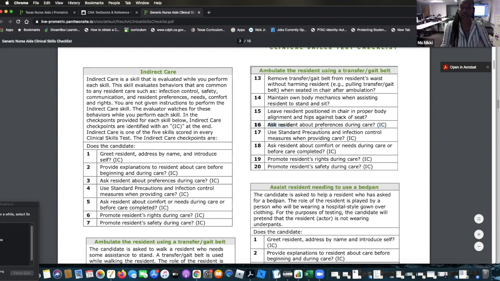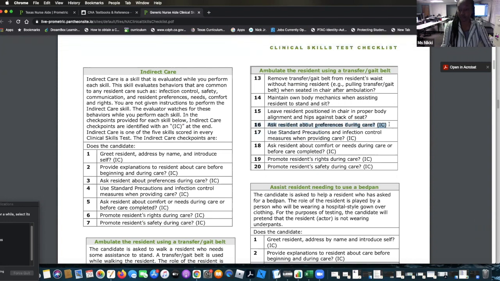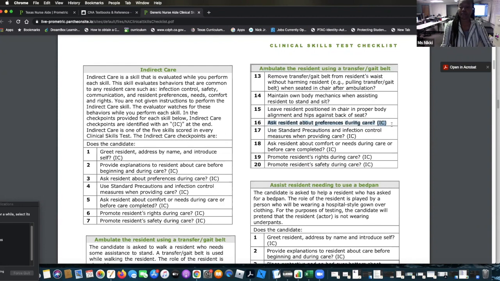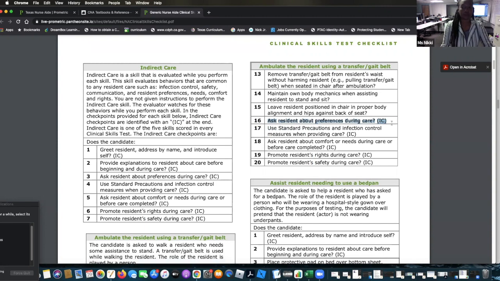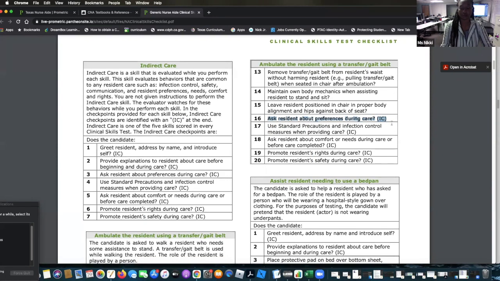Look at there, 16, ask residents about preferences during care. Here we're ambulating a resident, meaning we're walking them. Ambulate means to walk. So we're asking them things like, okay, are you ready? How do you feel? You ready to put one foot in front of the other?